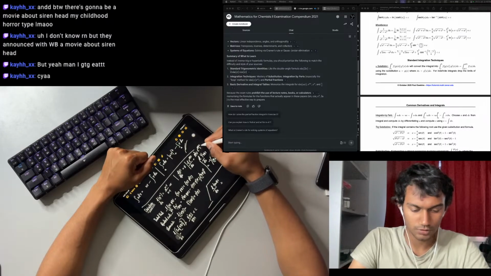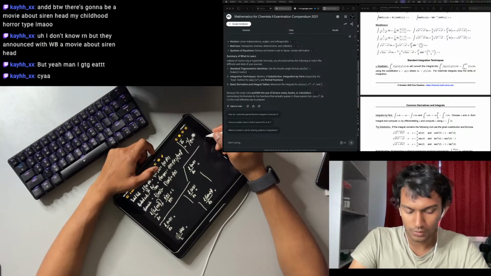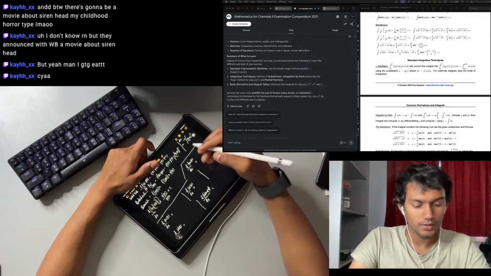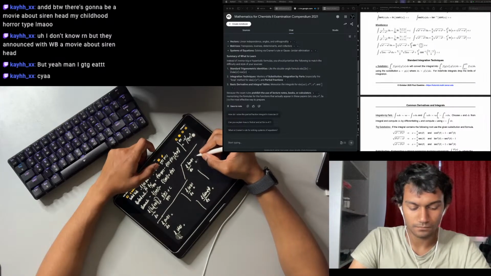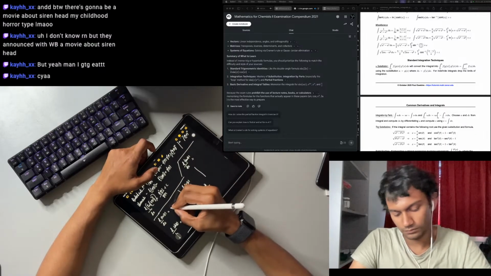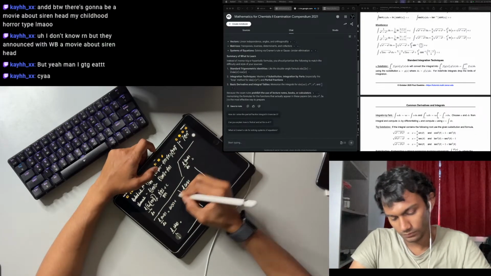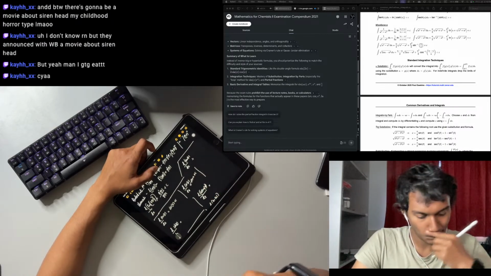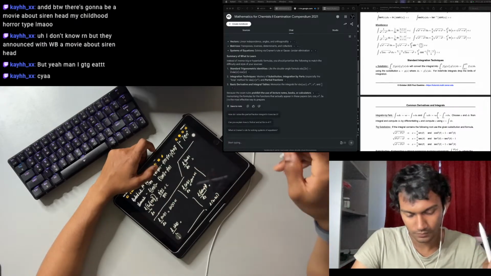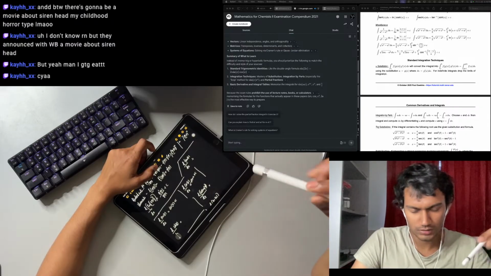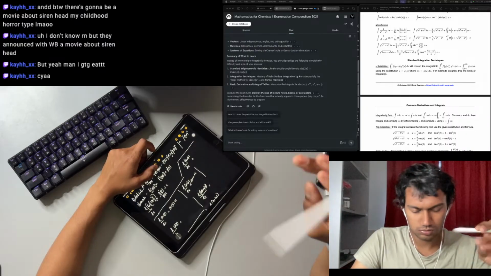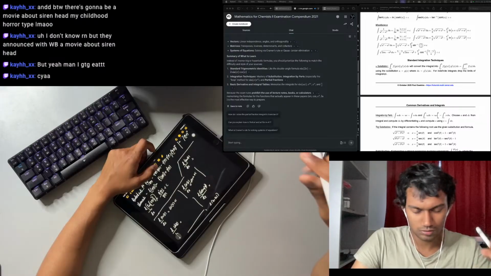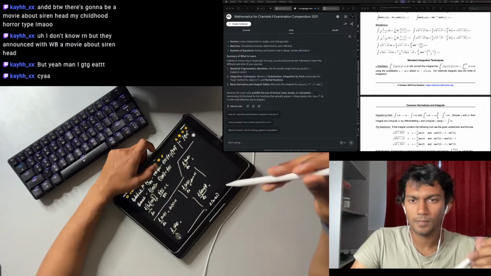G dash of x, let's see. Tan of x, minus sin x plus c. Tan x, what was tan x? Sec square, minus sec square?